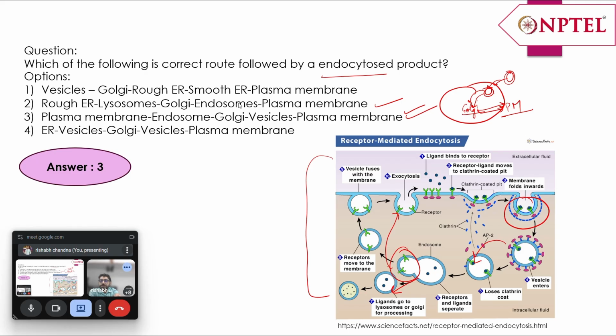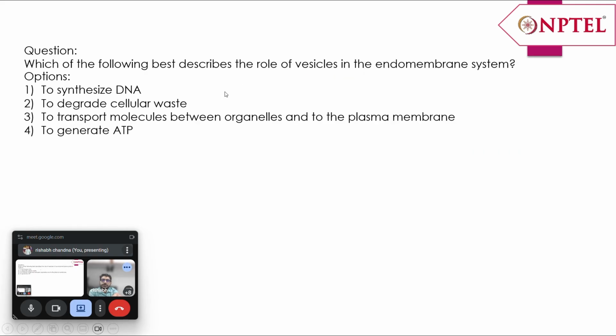Okay, if no doubts, then we'll move on to the next question. Which of the following best describes the role of vesicles in the endomembrane system? So, what can be the correct answer?